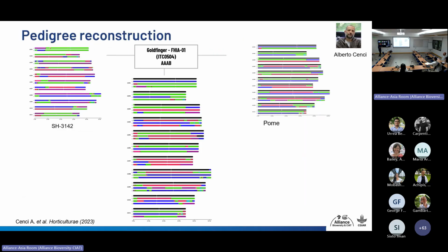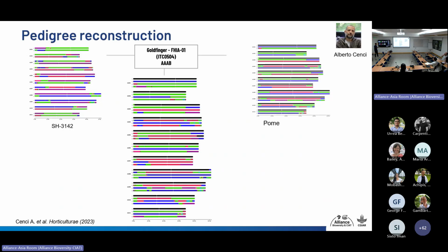And as a proof of concept, we took one accession in the Genebank, which is a breeding material, Goldfinger FIA01, which is a tetraploid. We did the painting for this accession and as well for the parents, because we knew the pedigree.